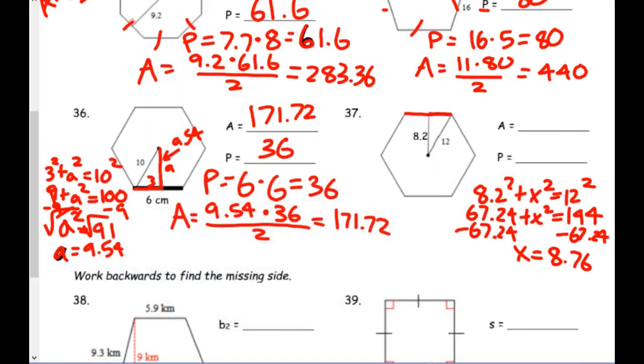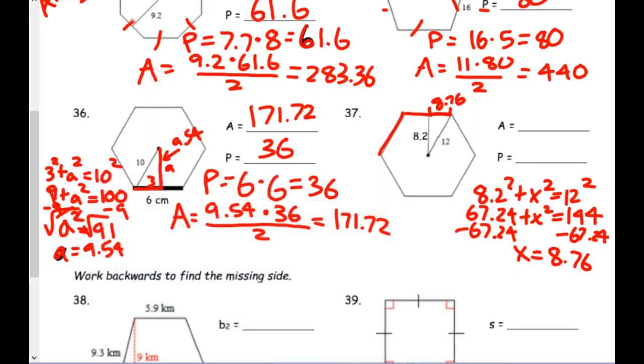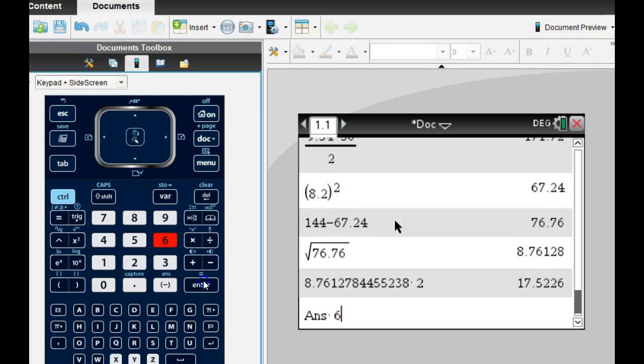So the whole length, if this little half is 8.76, then the whole length is 8.76 times 2, which gives us 17.5. So to get the perimeter, we're going to do 17.5 times 6. 105.14.